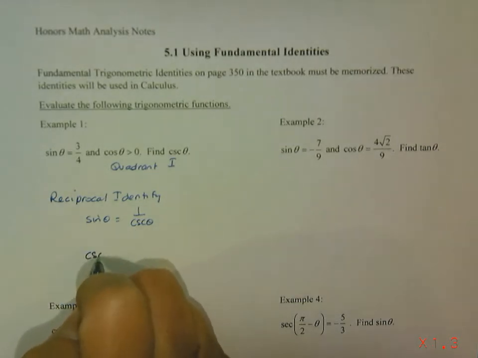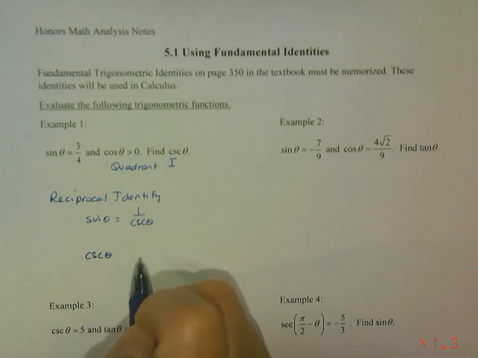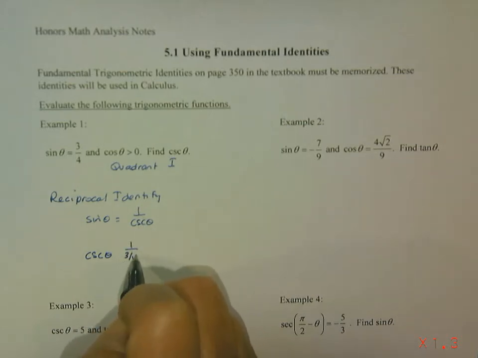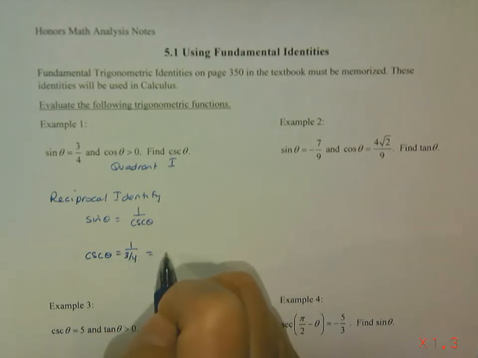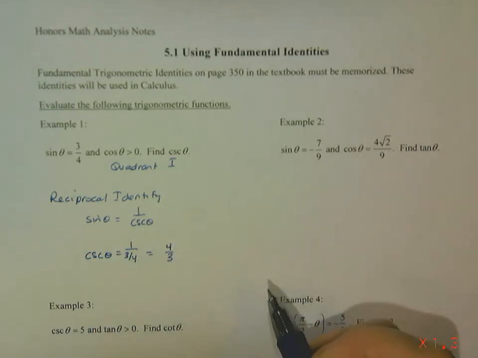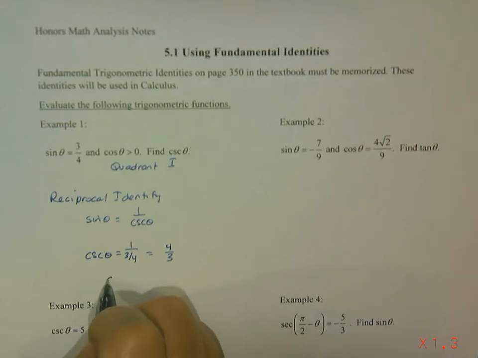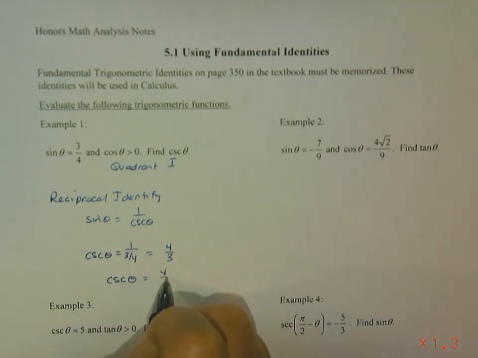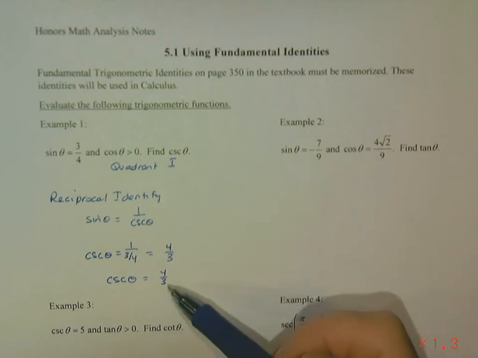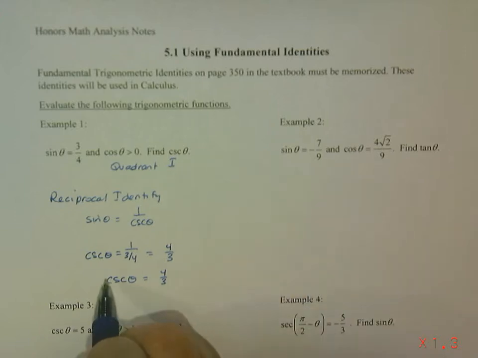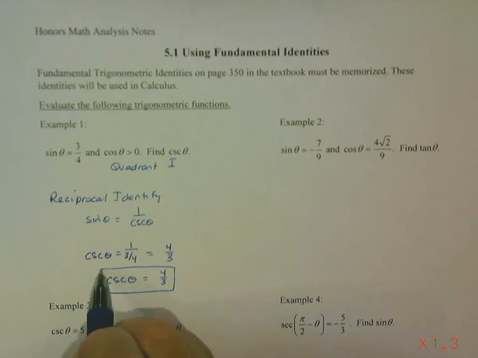So then cosecant theta, if I have 1 over 3/4, I'm going to take the reciprocal of 3/4 and say it is equal to 4/3. So cosecant of theta is equal to 4/3. And I'm just going to go back up and look, and I said this is in quadrant 1. Cosecant is positive in quadrant 1, so that is the correct answer.